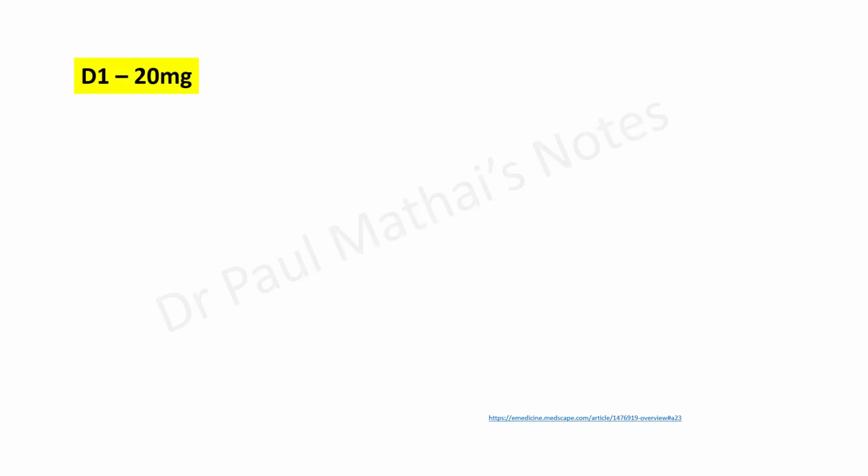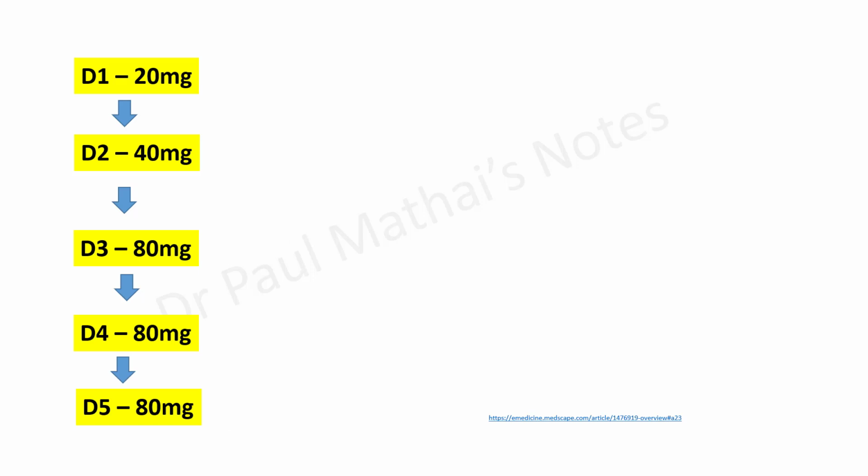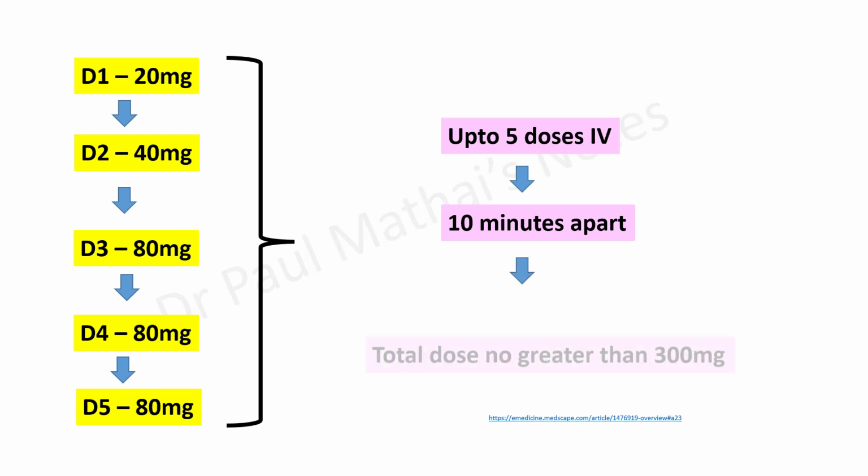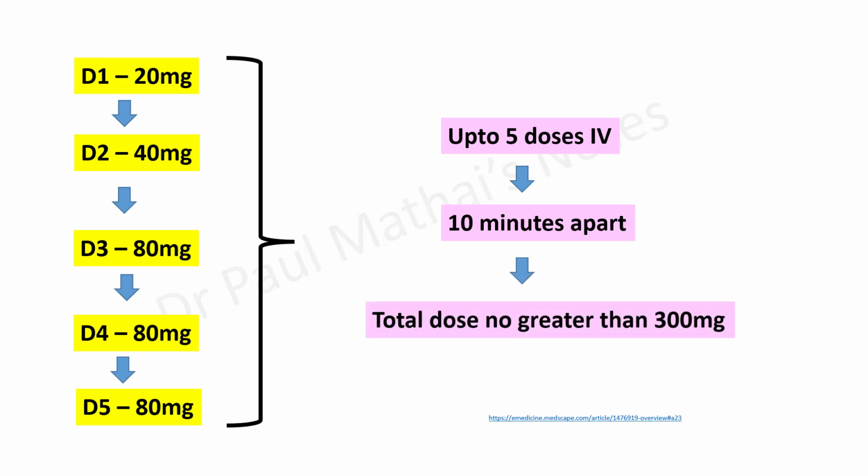We give labetalol at a dose of 20 milligrams, followed by a second dose of 40 milligrams. The third, fourth, and fifth doses would be 80 milligrams. Labetalol should be given up to 5 doses intravenously, each dose administered 10 minutes apart, and the total dose should not be more than 300 milligrams in pre-eclampsia.